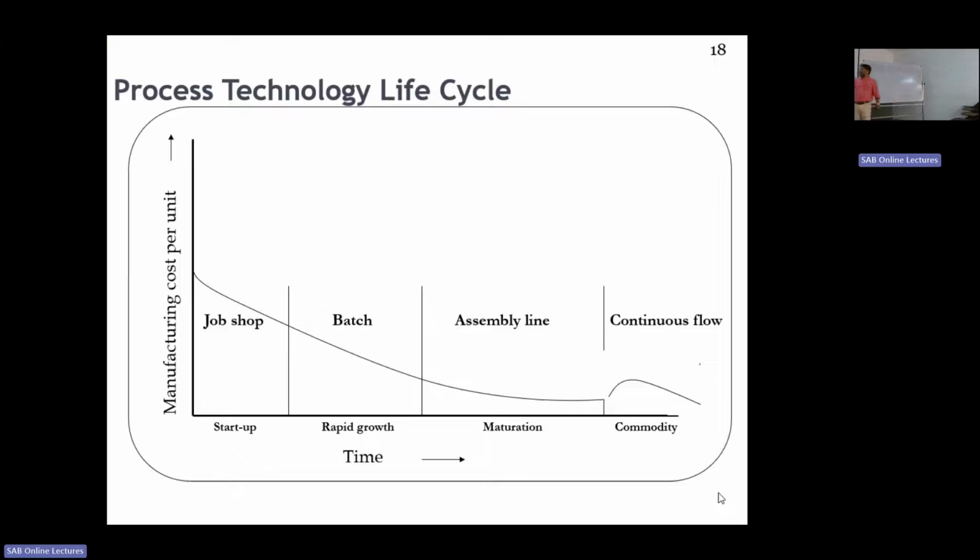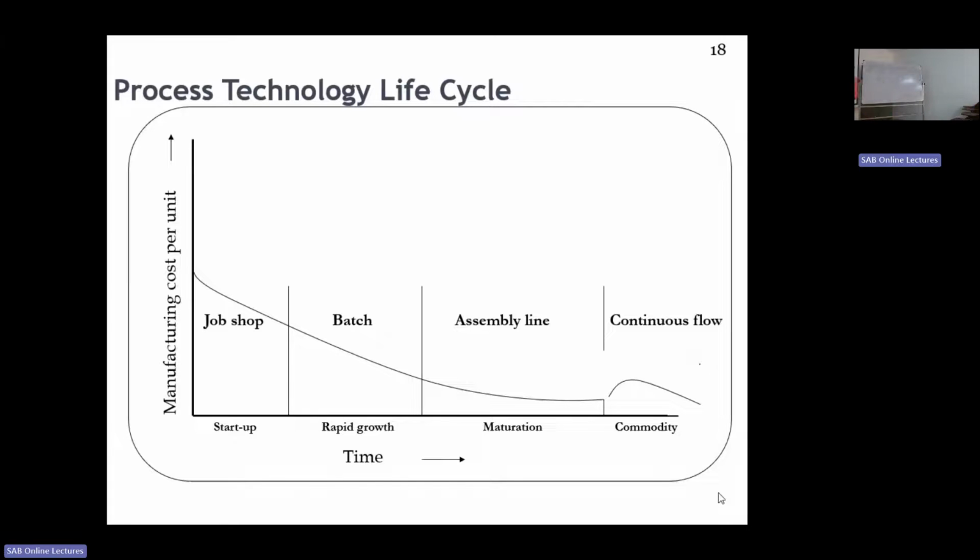In such a case, what we call the start period or introductory period, a business will try out what we call job shop processes, so that they can produce a variety of customized items in small volume and supply to the market, because demand is such.